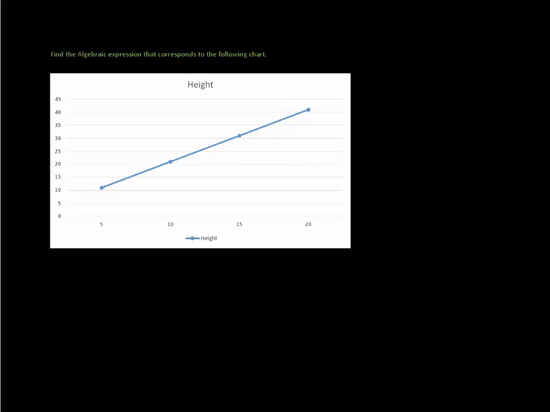Okay, and the next one says find the algebraic expression that corresponds to the following chart. This chart is off just a hair. This should be 5 comma 10. This should be 10 comma 20.